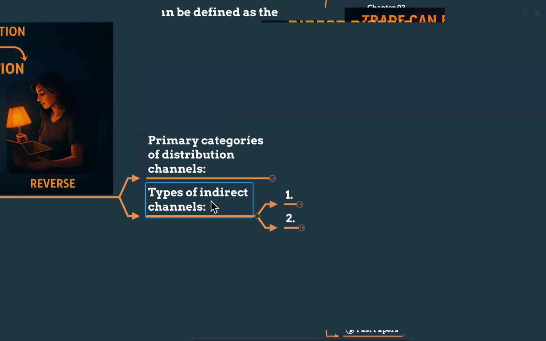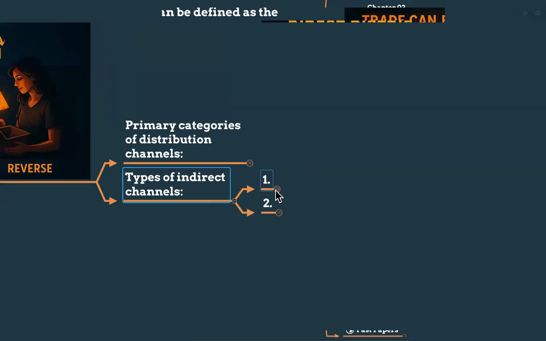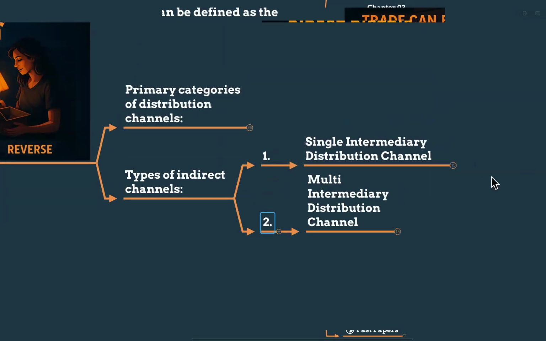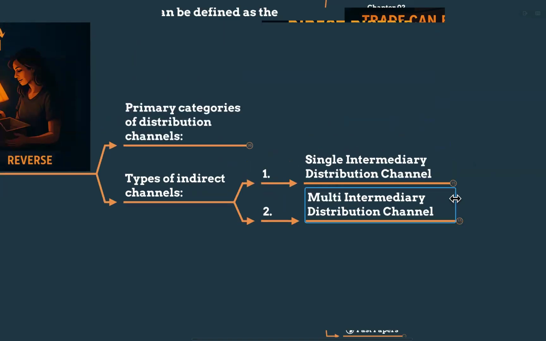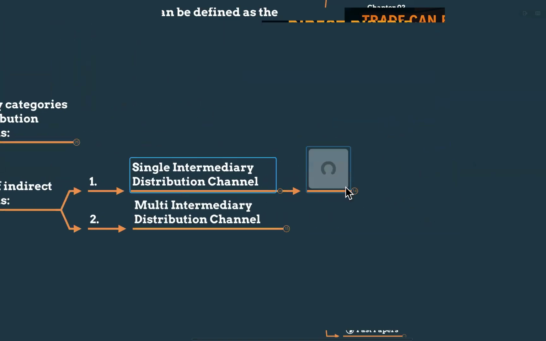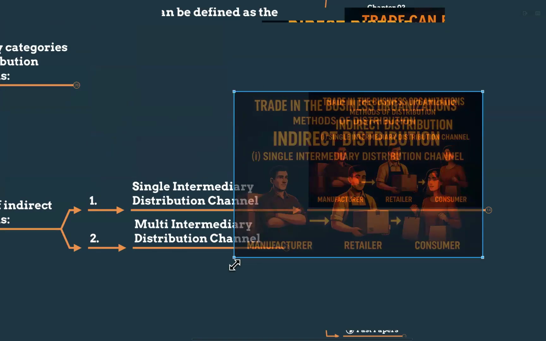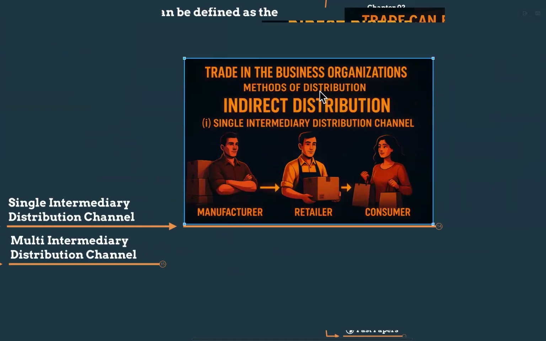Now, let's dive very deep into the indirect channels, the types of indirect channels. We can categorize them as a single intermediary distribution channel as well as a multi-intermediary distribution channel. Single intermediary means only one intermediary person. For example, from the manufacturer to the consumer, only one intermediary, the retailer shops.